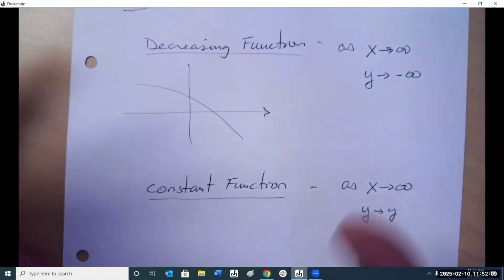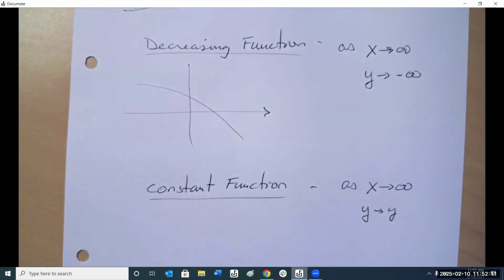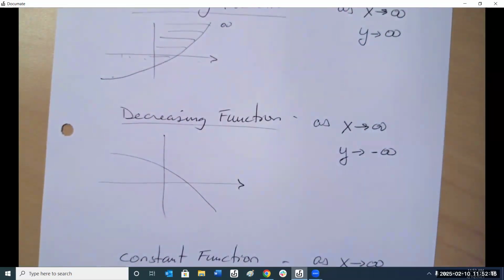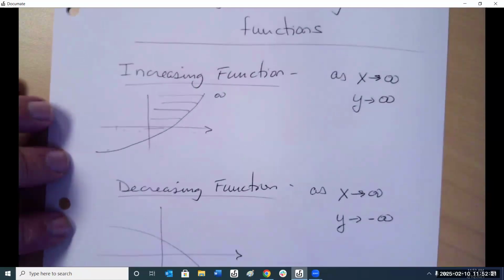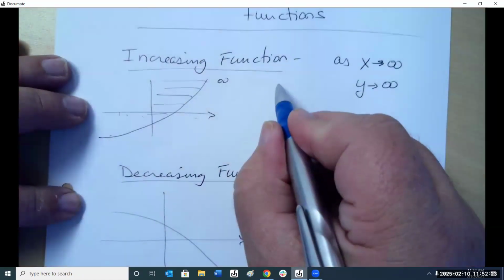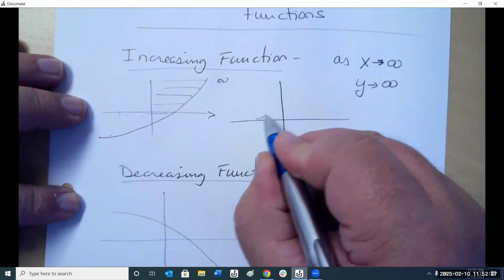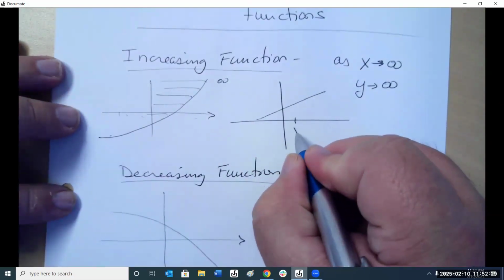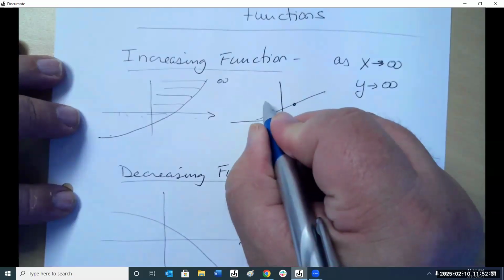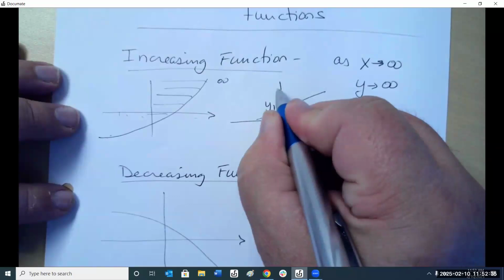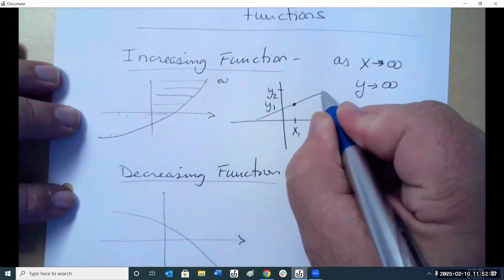But now, let's look at it more closely. What we're looking at here is from the moon. We're looking at the Earth from the moon. Are we seeing increasing or decreasing? Let's look at it more closely. An increasing function. We have a point x1, y1, x2, y2.